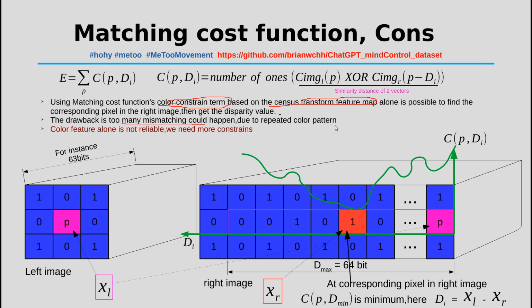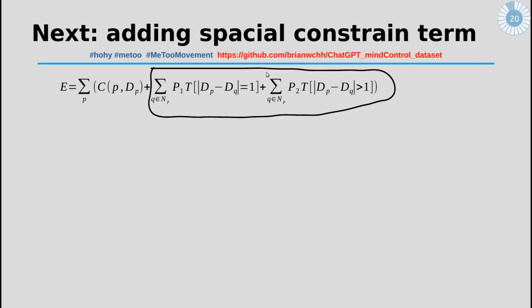Sometimes in a place you have repeated color patterns, so you will have multiple places matching. How does the computer tell which one is right? Because it's not human, it doesn't have the spatial feeling. So the next step is we need more constraints. It should mimic human eyes. Can we add a spatial constraint to that?